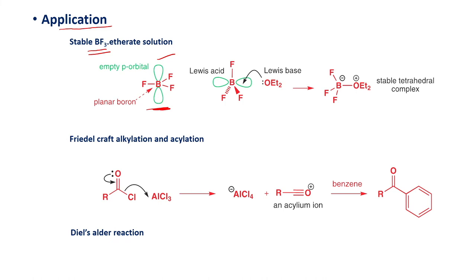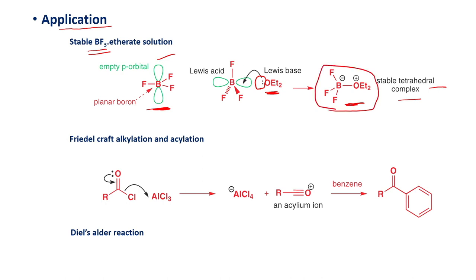So to make it stable you put diethyl ether on this Lewis acid. Diethyl ether donates its lone pair of electrons to the empty p orbital and makes a stable tetrahedral complex, which we call BF3 etherate solution.